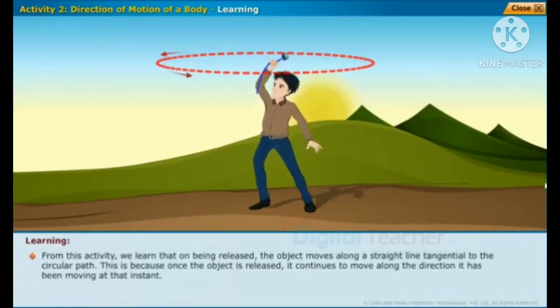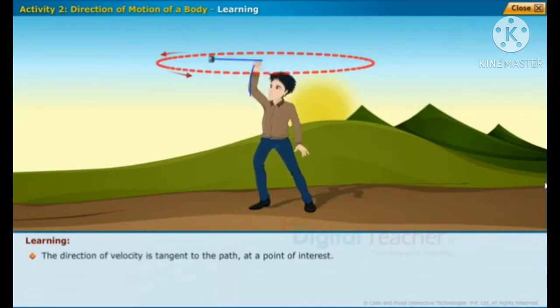From this activity, we learn that on being released, the object moves along a straight line tangential to the circular path. This is because once the object is released, it continues to move along the direction it has been moving at that instant.